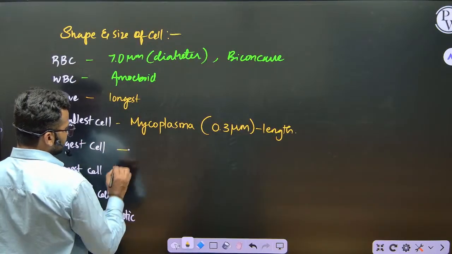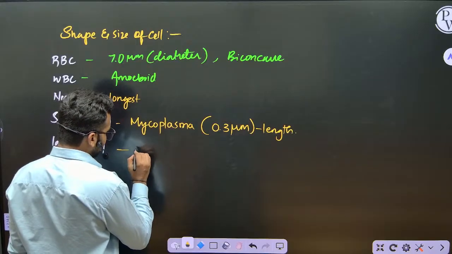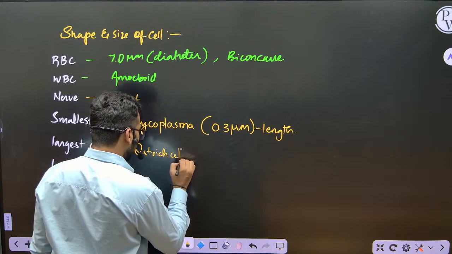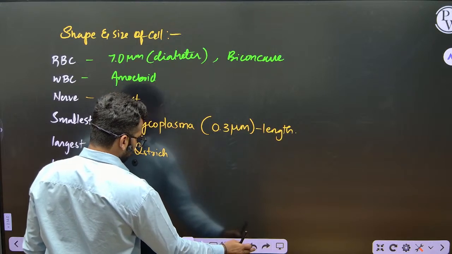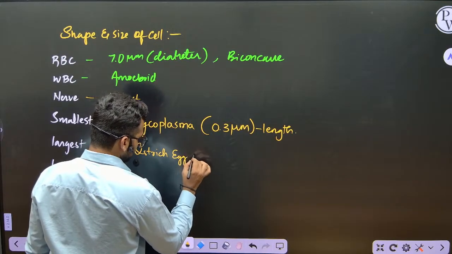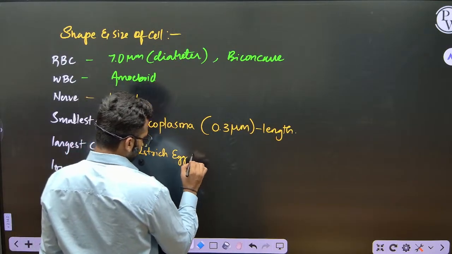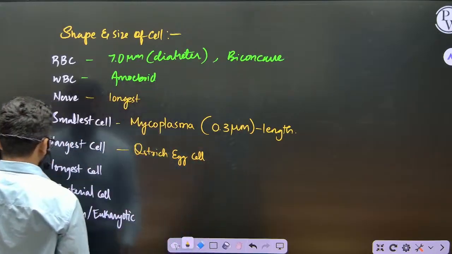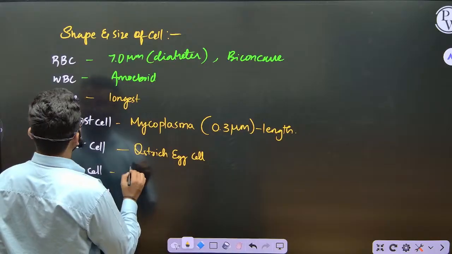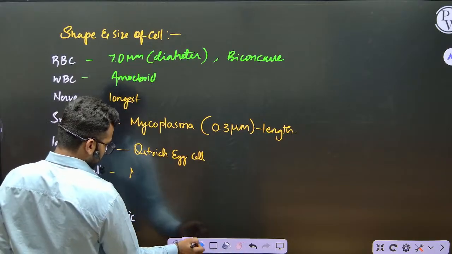The largest isolated cell is the ostrich egg cell. The longest cell is the nerve cell, which I already wrote there.